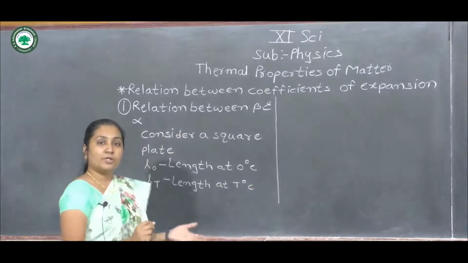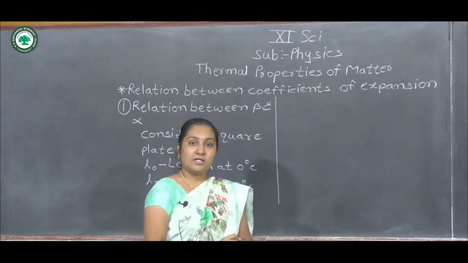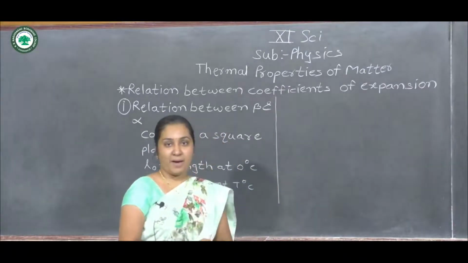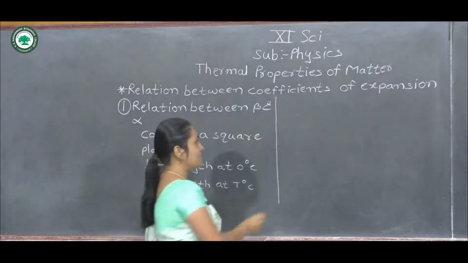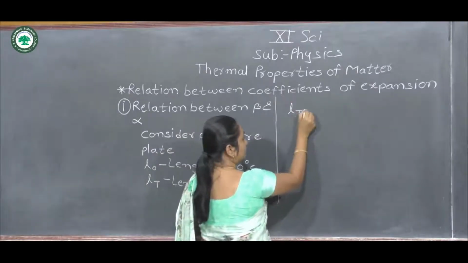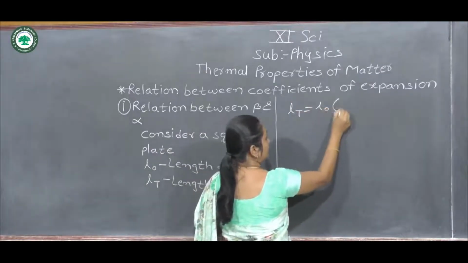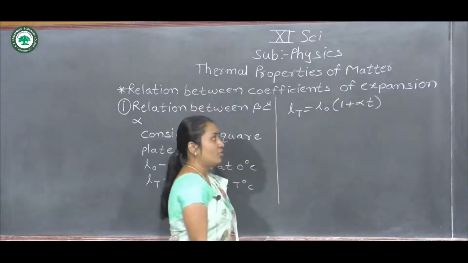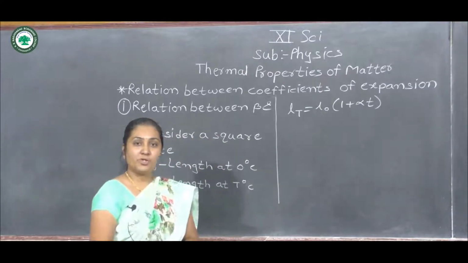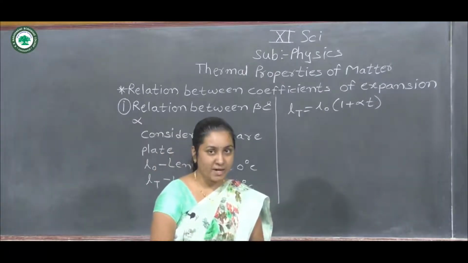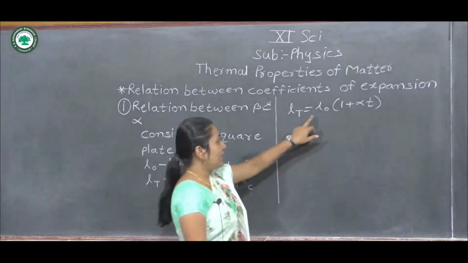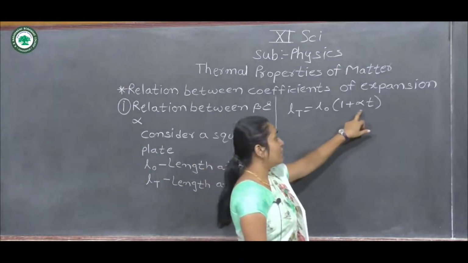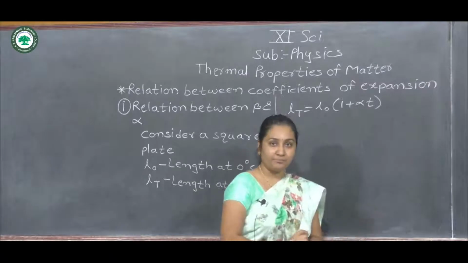Now we know the equation from the coefficient of linear expansion: LT is equal to L0 in bracket 1 plus alpha T.